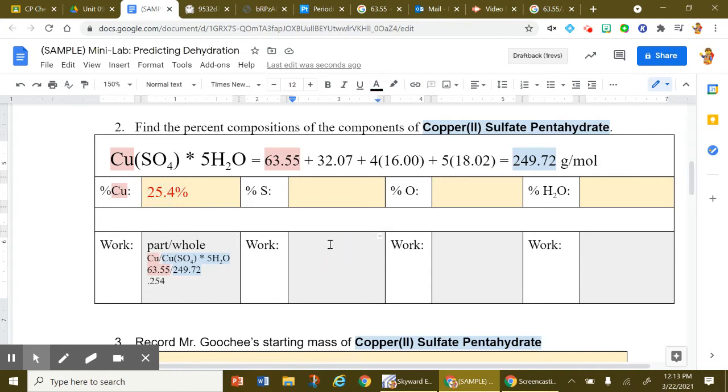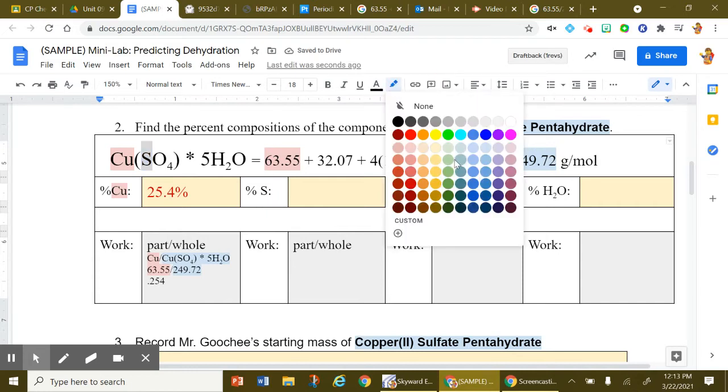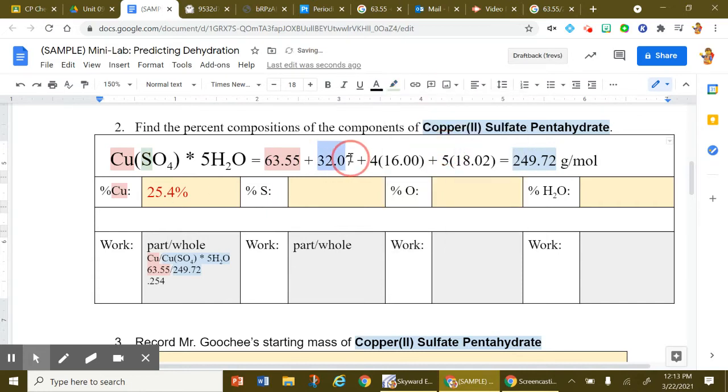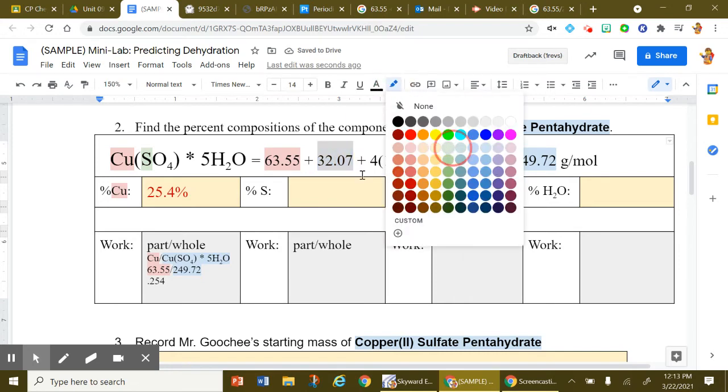How about the sulfur? Once again, it's the part divided by the whole. This substance has only one sulfur in it, which has a mass of 32.07.